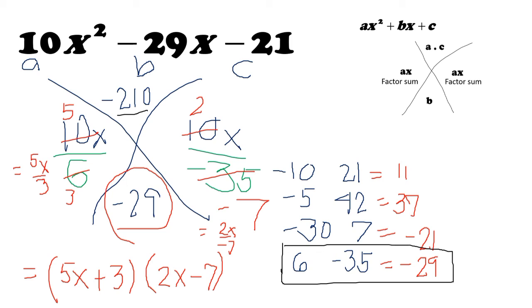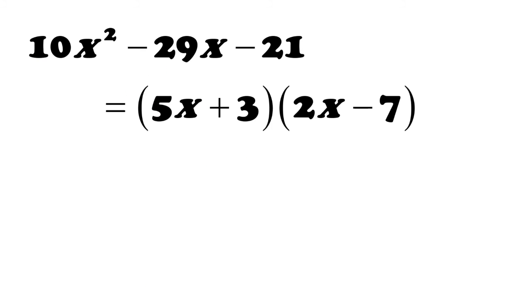So we can now conclude that the factor of 10x squared minus 29x minus 21 is the quantity 5x plus 3 times the quantity 2x minus 7. We can now check if this is really the answer using the FOIL method. 5x times 2x is 10x squared. 5x times negative 7 is negative 35x.